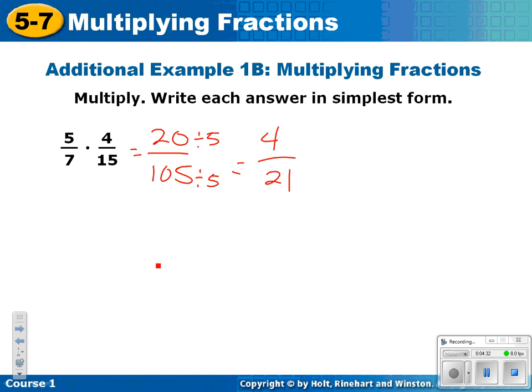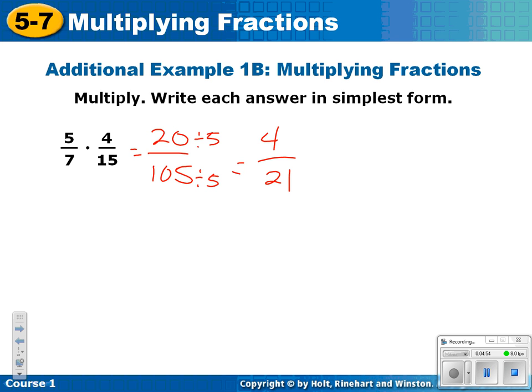All right. That's some big division, isn't it? That's some big multiplication, isn't it? Only one person knew 7 times 15, and it took a while. 105 divided by 5, it took a while.